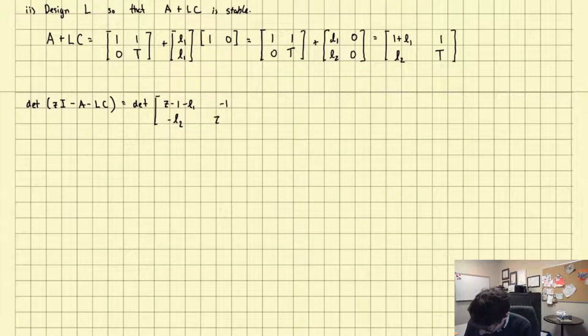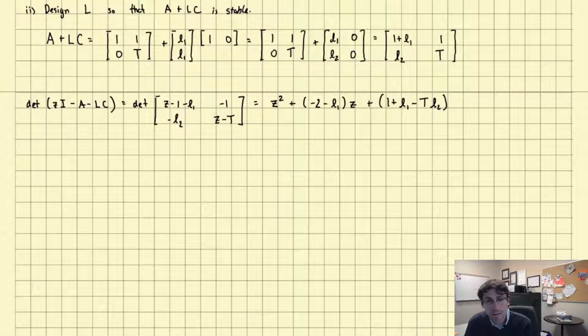Minus 1, z minus t. Okay, multiplying this out, you get the following. And so I want to make sure that that polynomial is stable. In other words, the roots of that polynomial are all magnitude less than 1.